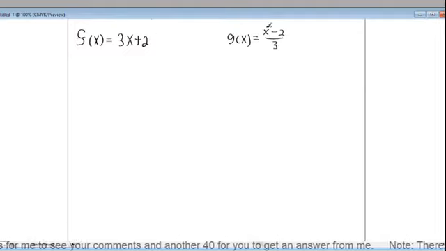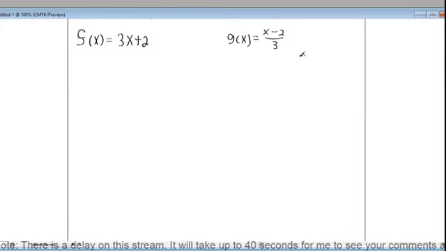This one takes x, subtracts 2, and then divides by 3. So what are these? These are inverse functions. They are the same operations with the same numbers, just in reverse. They are opposites. So these are inverse functions.